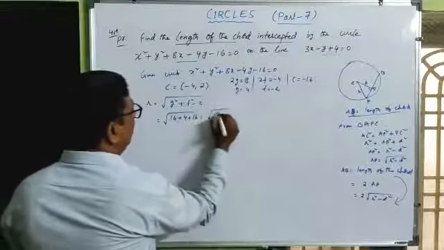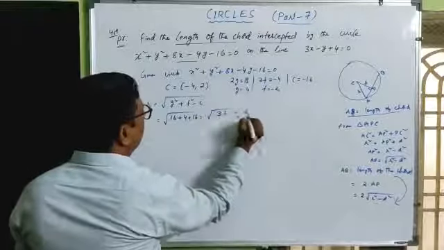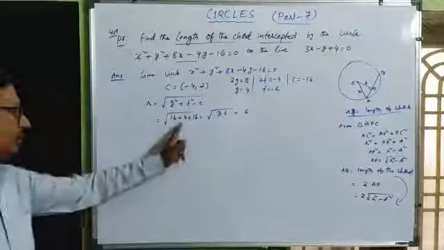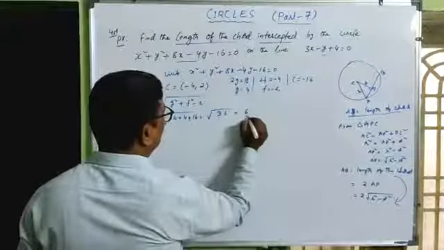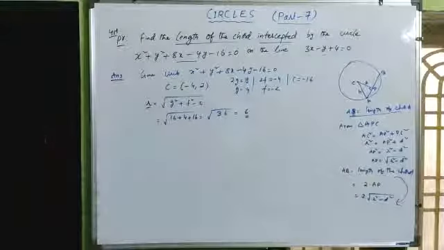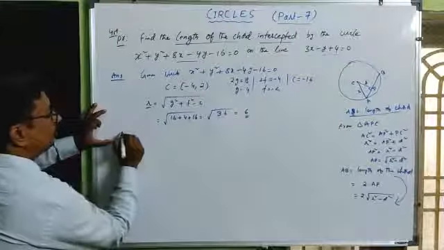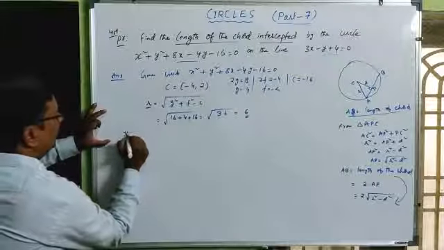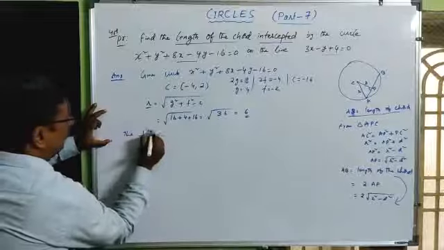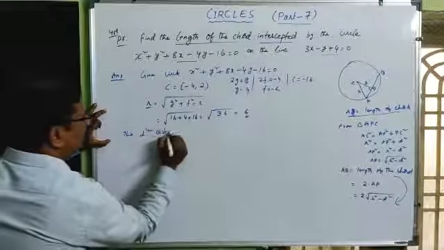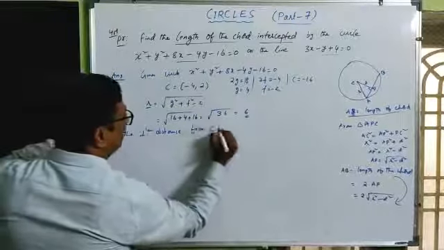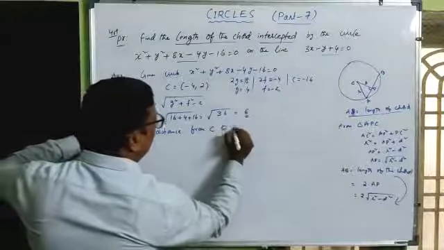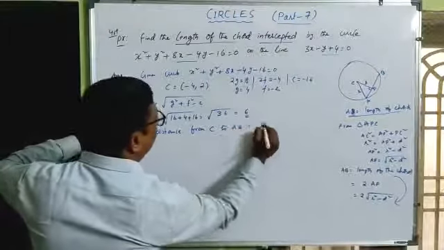So this is 36, since 16 plus 4 is 20, and 20 plus 16 is 36. This is the radius. Now the perpendicular distance from C to AB is D.